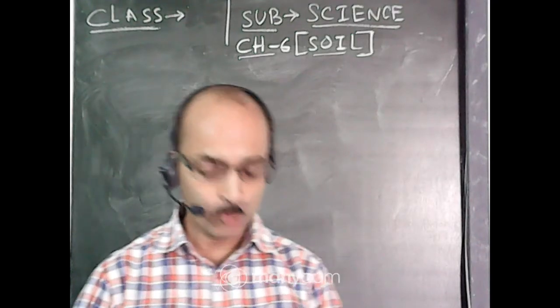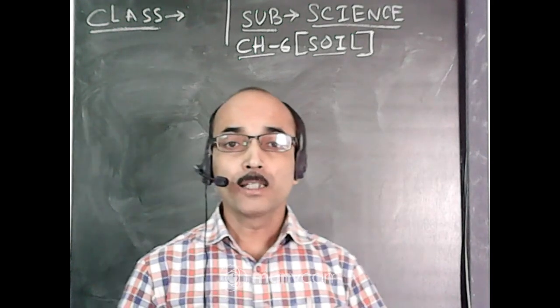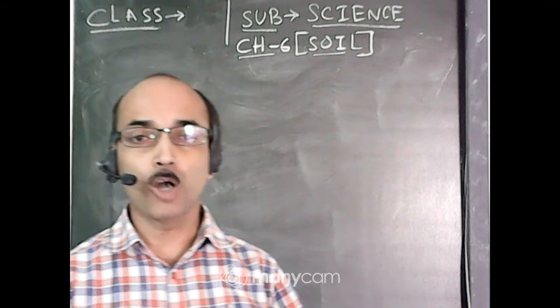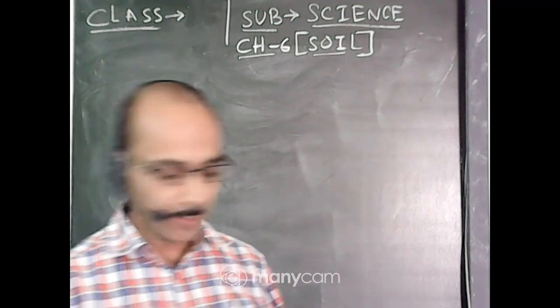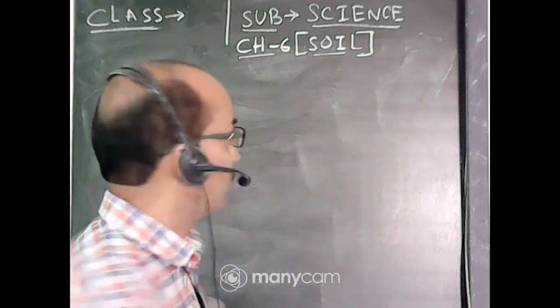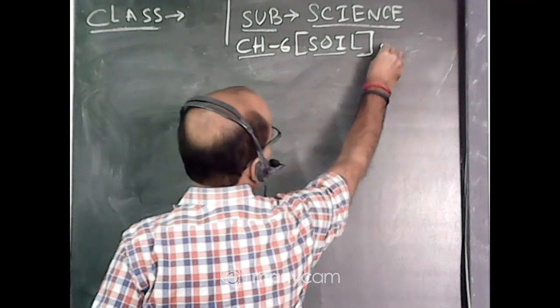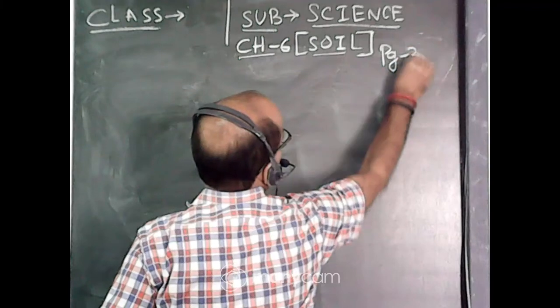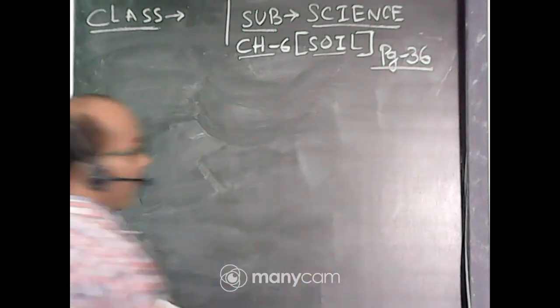Today I will continue from section D, that is very short answer question. This is from page number 36 in your science book. So I will write the page number here, page number 36.